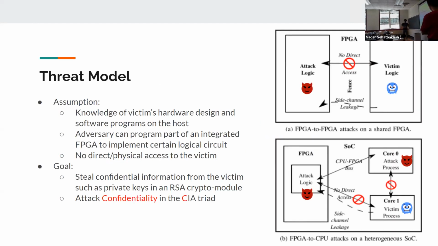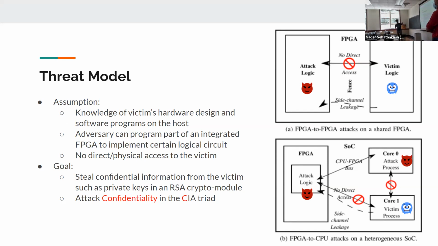All right, so for the threat model, in this paper we're going to see two attack scenarios. The first one is an FPGA to FPGA attack, and the second one is an FPGA to CPU attack. In the first one, we assume that we know the circuits of the victim logic, for example, an RSA crypto module.